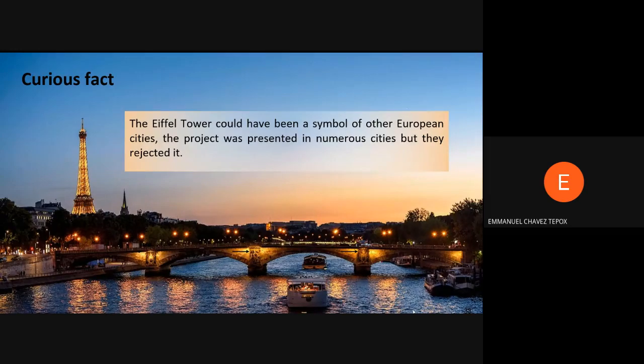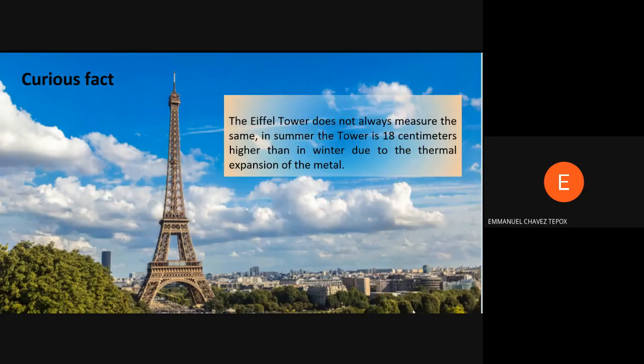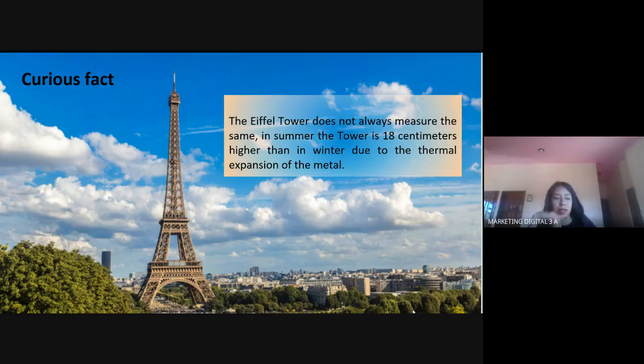The project was presented in numerous cities, but they rejected it. Curious fact, the Eiffel Tower does not always measure the same. In summer, the tower is, what? Those numbers.